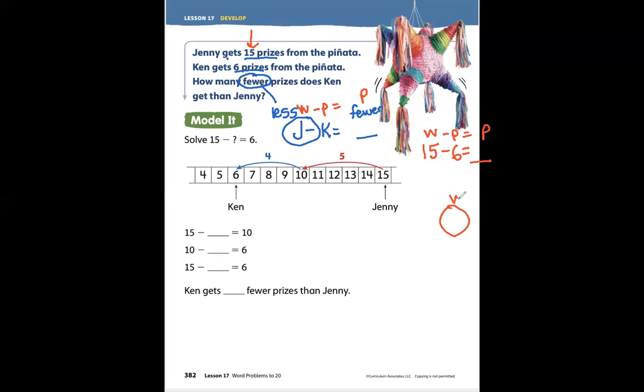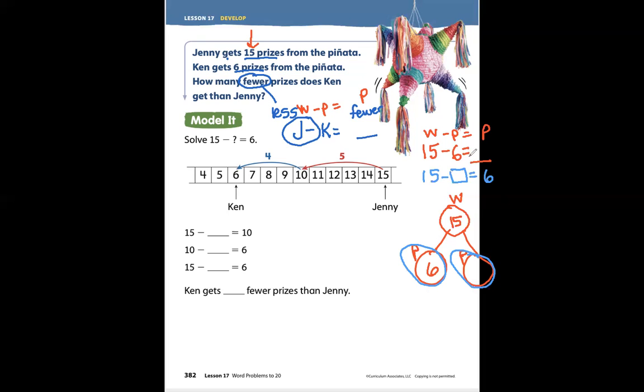We can also draw our number bonds, right? A part plus a part equals the whole or the total. We know that 15 is the whole, 6 is part of that. Okay? So what they did a little differently than I did, but we know that when we have two parts, one part being 6, one part being blank, we could actually do 15 minus blank equals 6.